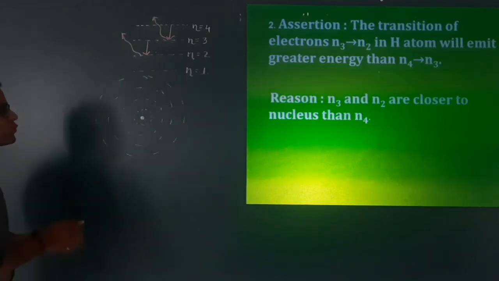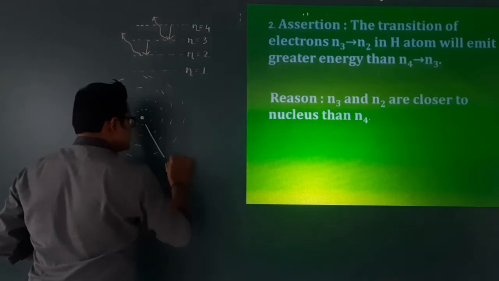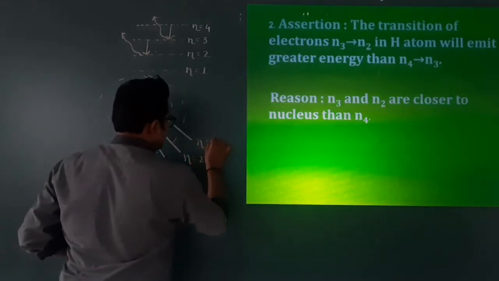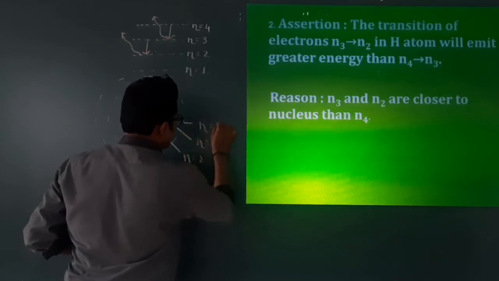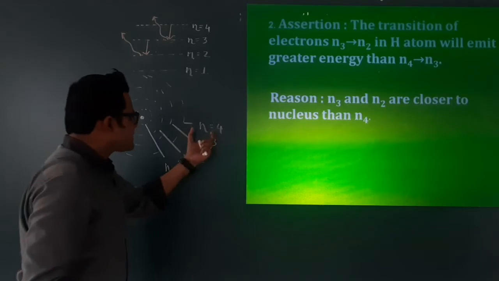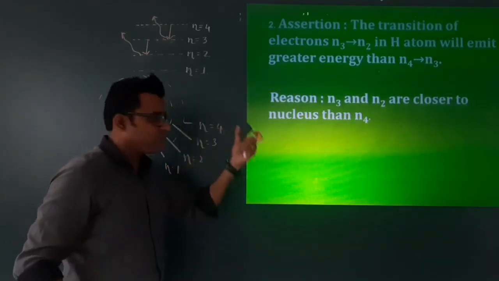Let's say we have the 4 shells. Now, n equals 1, n equals 2, n equals 3, and finally n equals 4. Okay, fine. Now, if you observe, yes, n=3 and n=2 are closer to the nucleus when compared to that of n=4.